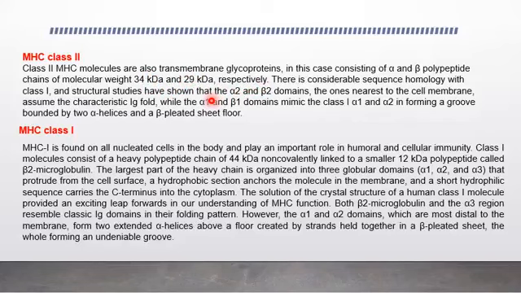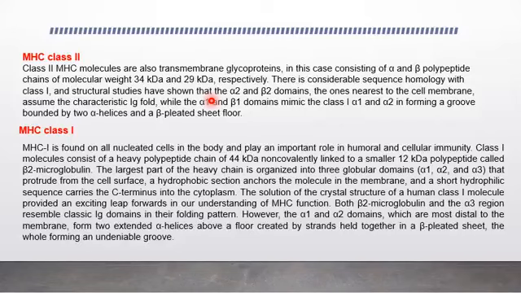So if we want to define the MHC class 2, MHC class 2 is a transmembrane glycoprotein expressed on professional antigen presenting cells, such as the dendritic cells, the neutrophil or the B cells, and the macrophage.